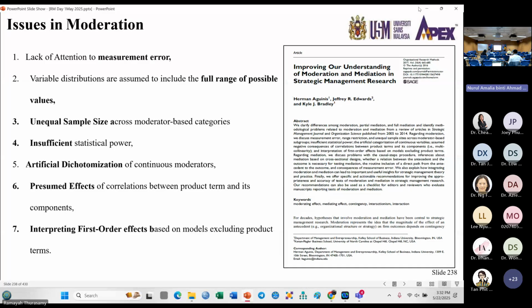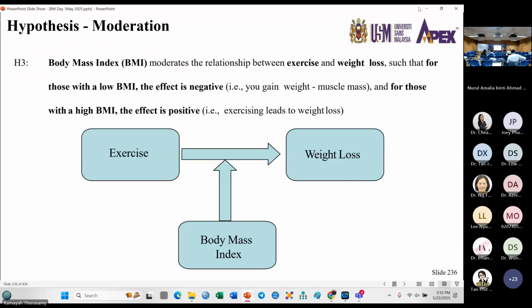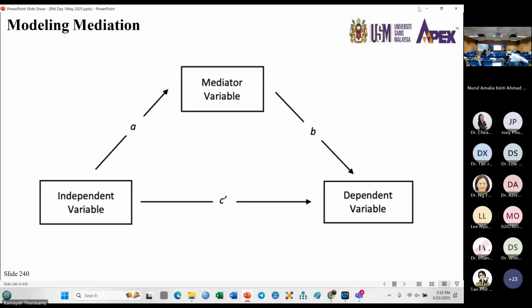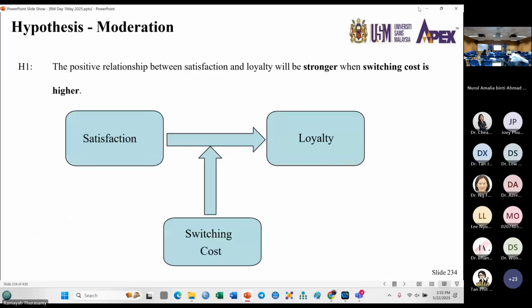Number one is the measurement error, lack of attention to measurement error, because when we do moderation, this is your independent, this is your moderator. Let's say the independent's reliability is 0.7. Your moderator reliability is 0.7.